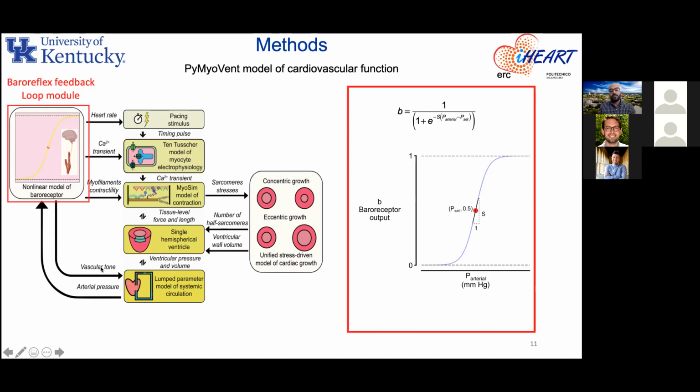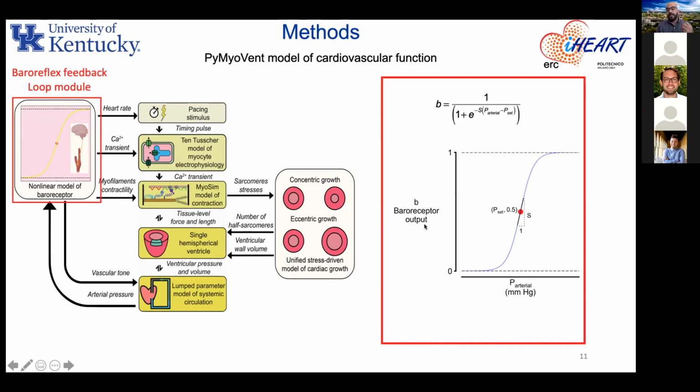This model was essentially defined based on the sigmoidal relationship between the arterial blood pressure and the baroreceptor output signal. At each given time step, the calculated baroreceptor output signal drives a set of ODEs that regulate all the controlled parameters here.